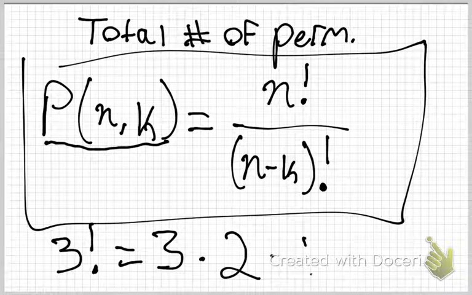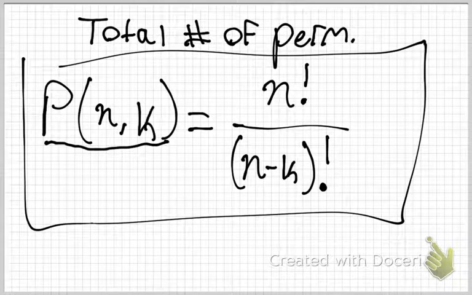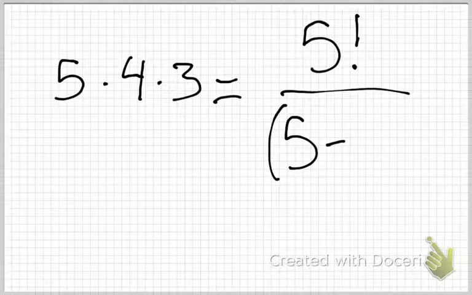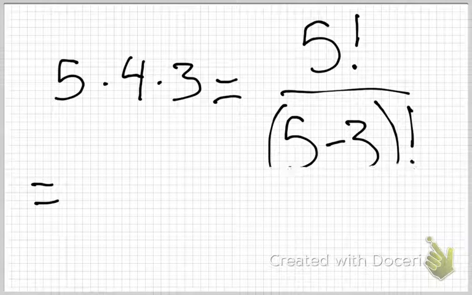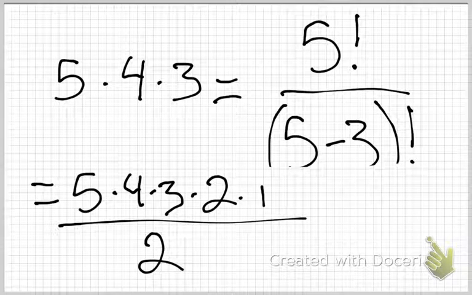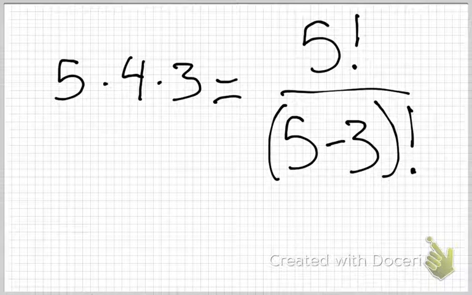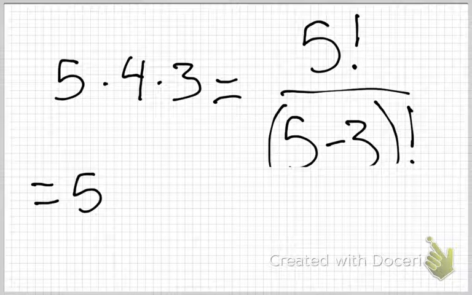Just so that you know that I'm not just coming up out of nowhere with stuff. All right. So earlier, 5 times 4 times 3. I'm about to show you that 5 times 4 times 3 is equal to 5 factorial divided by 5 minus 3 factorial. Okay. So what is 5 factorial equal to?